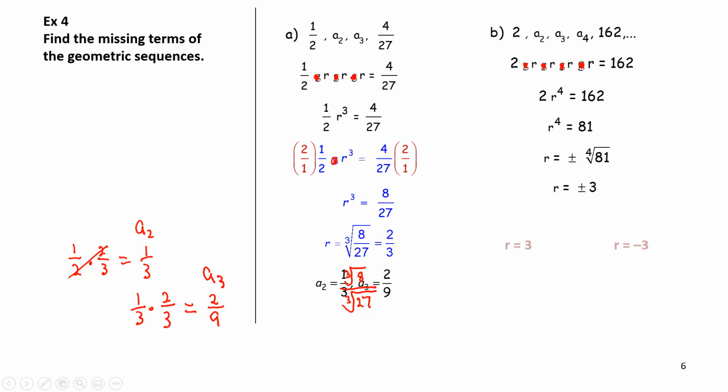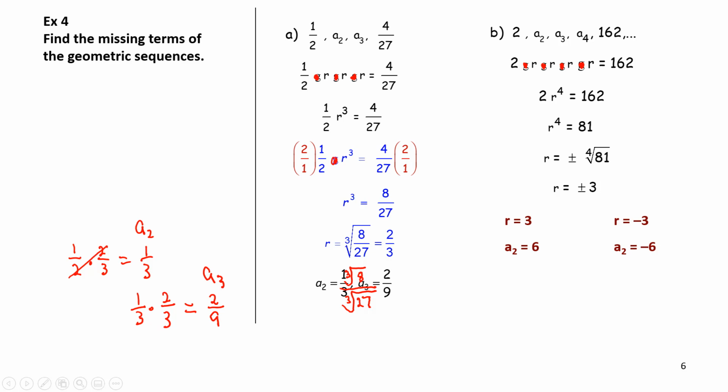The first thing I'm going to do is look at 3, and I'm going to take my first term and multiply it by 3. That should give me the second term, and then we're going to look at -3 as well. So if I multiply 2 times 3, I get 6. If I multiply 2 times -3, I get -6.